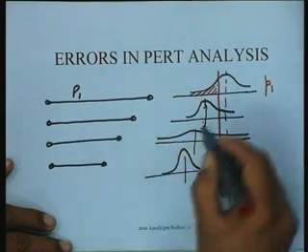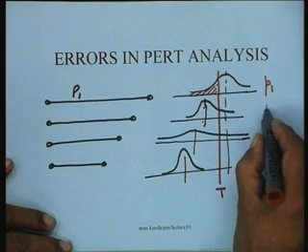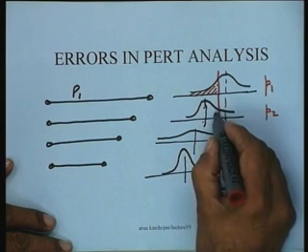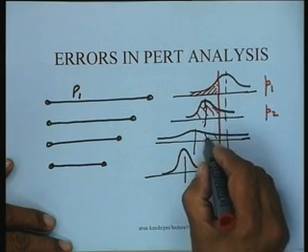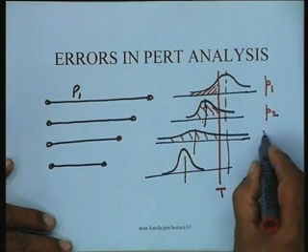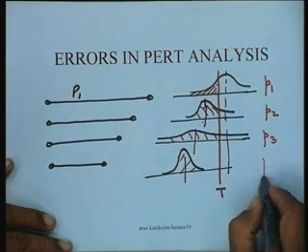Now if you take this path, corresponding to this path also there would be a certain probability. This would be P2, which is actually this area. This would be P3, and this entire area, of course, whatever it is, it is P4.